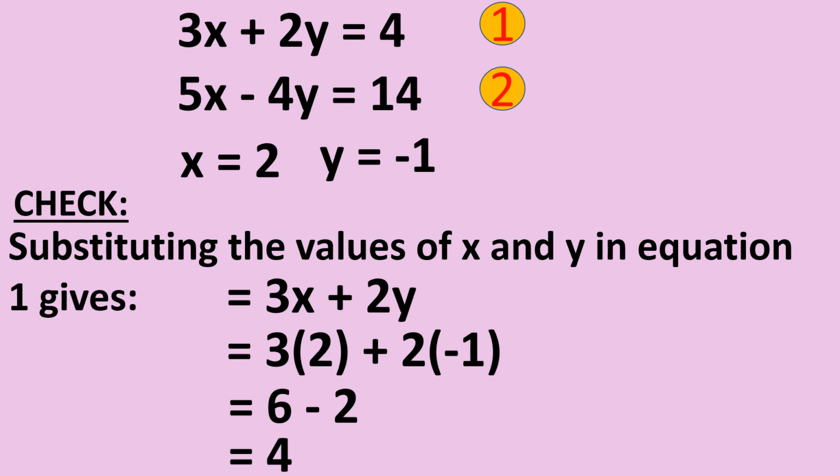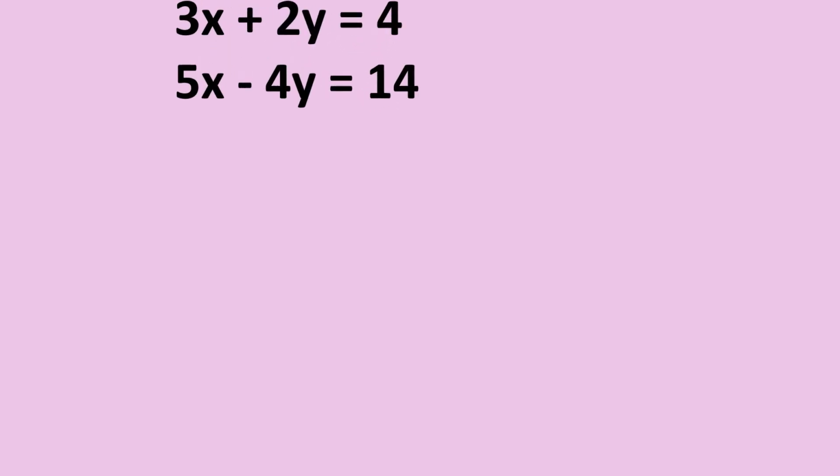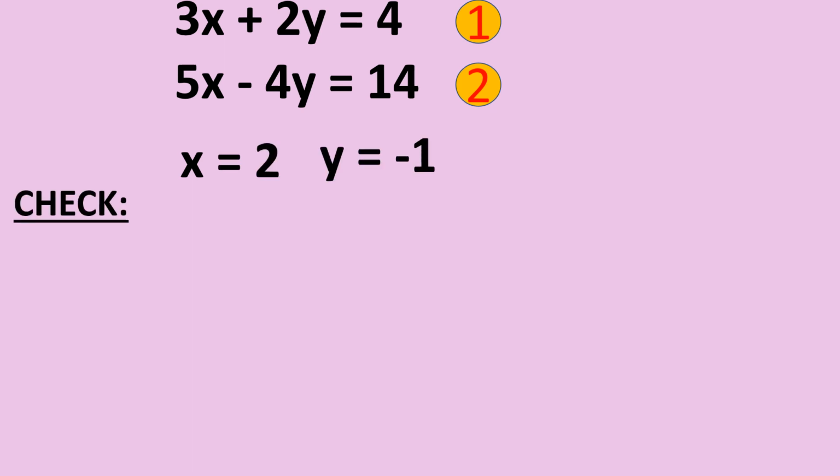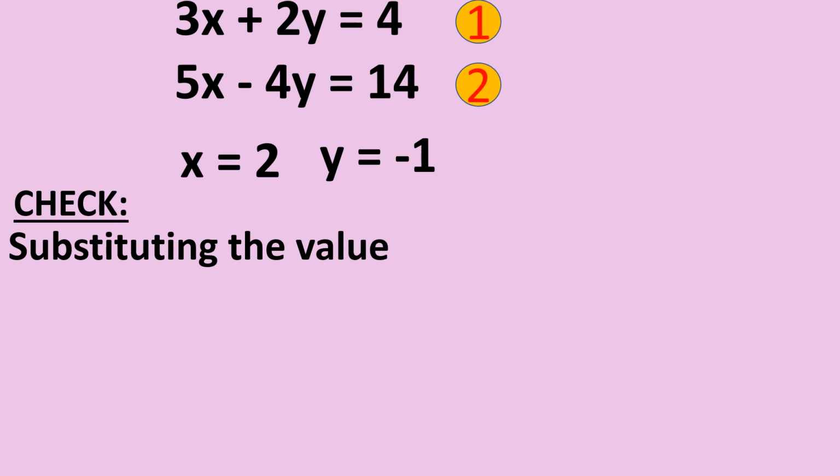So we'll also do a final check on equation 2 to be sure it is also satisfied by x is equals to 2 and y is equals to minus 1. So we'll do a check on equation 2 this time around, where we have 5x minus 4y is equals to 14. 5x minus 4y is equals to 14 is equation 2.